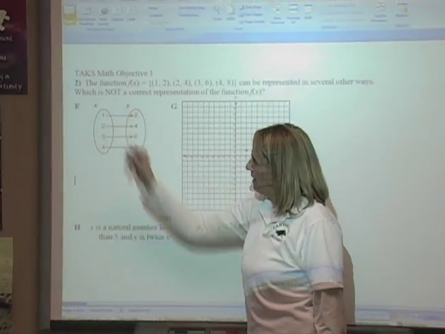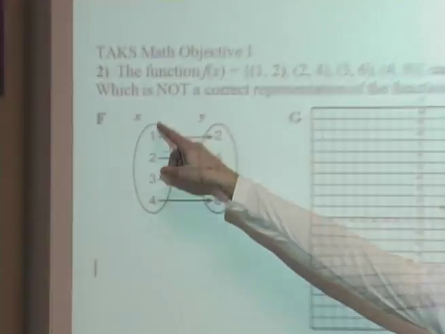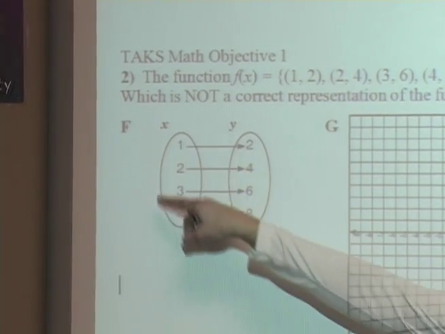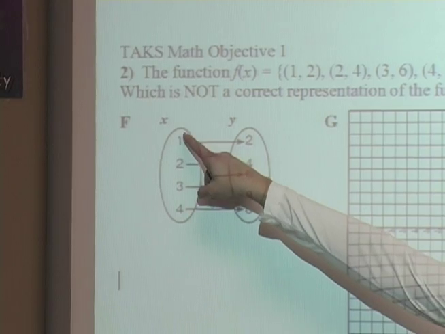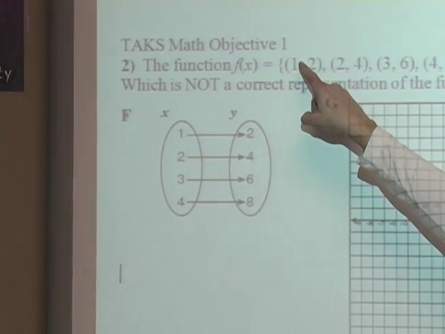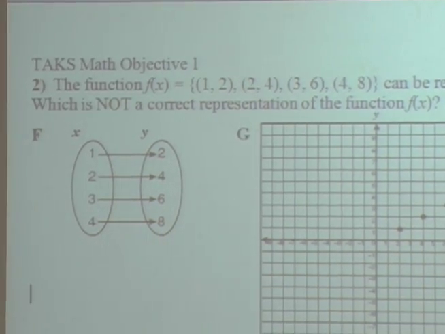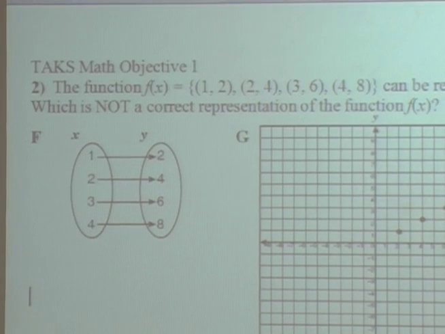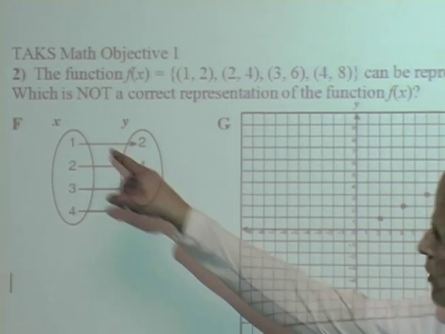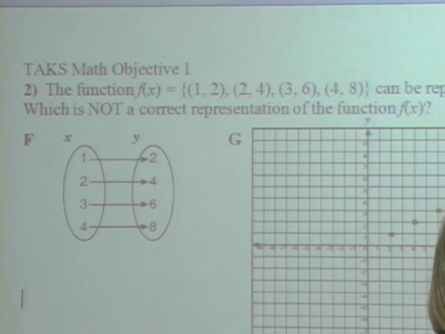So on letter F here, we have each x value listed in the inputs. I want to make sure that each of these x values match the x values above: 1, 2, 3, and 4. But not only do those have to match, they also have to be paired with the proper y.